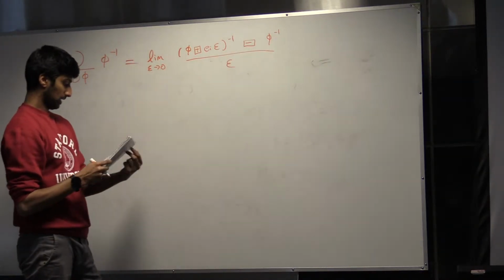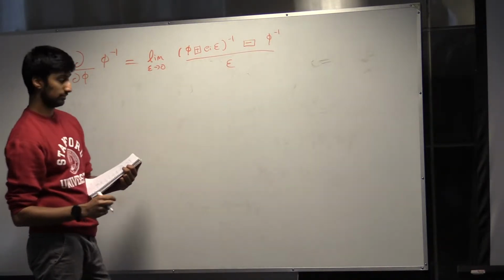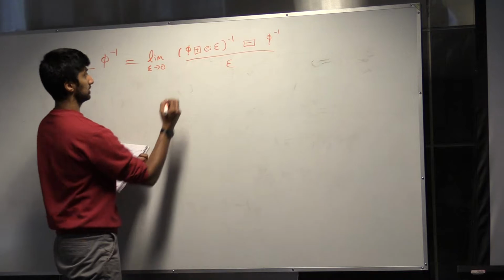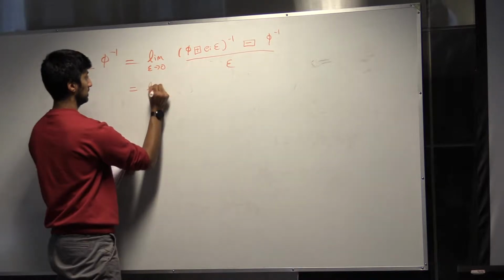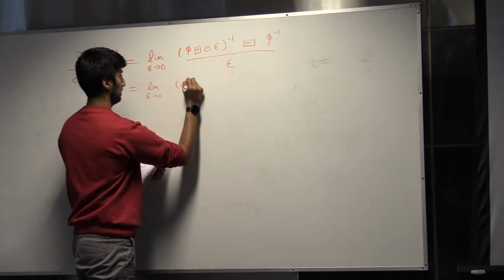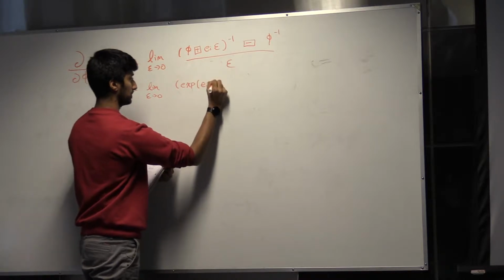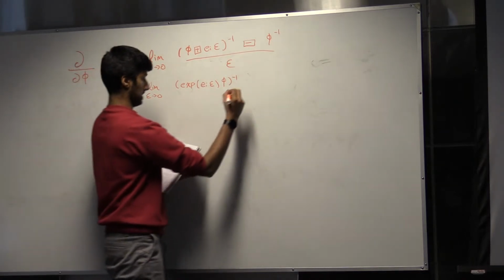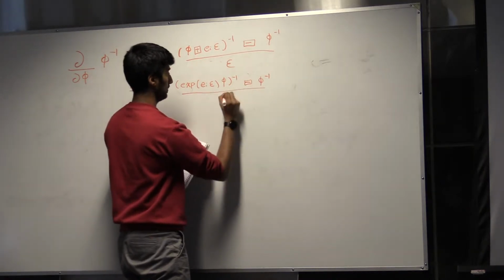And then from here we can start to apply some of the important expressions that we know. The first one was to evaluate the box plus that's in here. So that becomes the limit as epsilon goes to 0 of phi inverse, then box minus phi inverse again, all over epsilon.